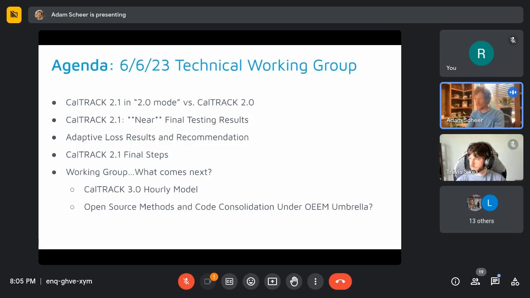And then we want to lay out the final steps that we think are left in the CalTrack 2.1 process, at least related to the daily model itself.